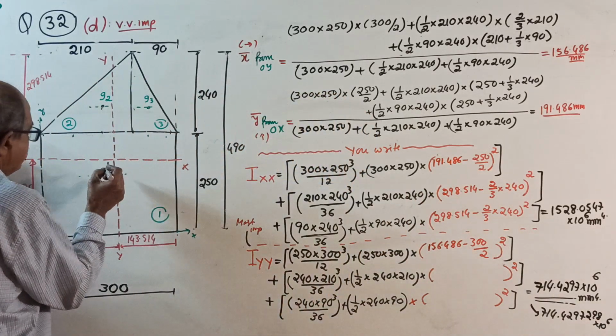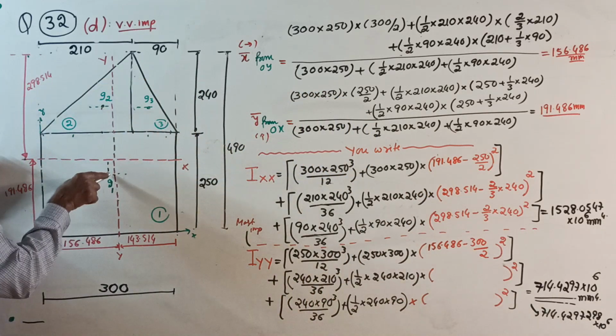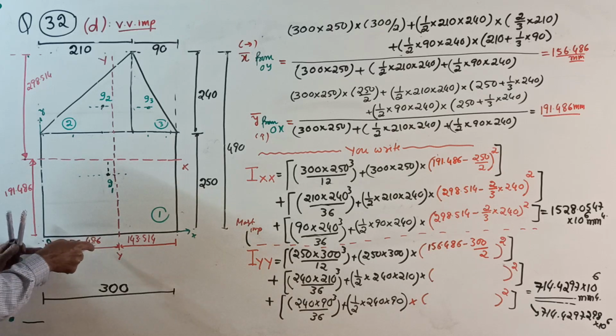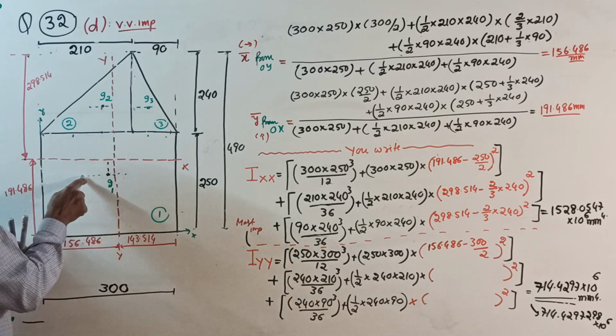Why? From centroid to YY, this distance square is 156.486 minus half of 300.